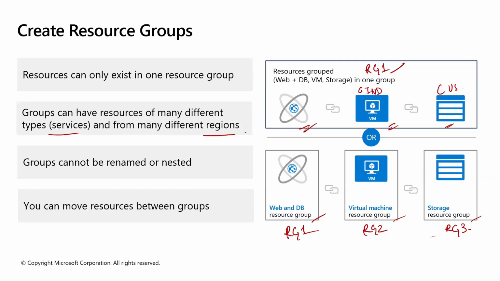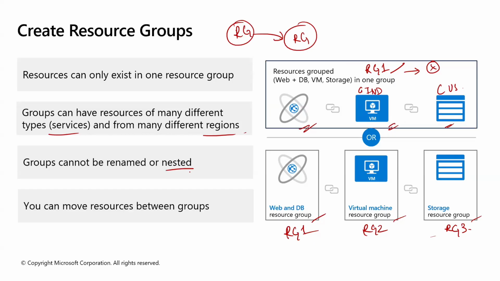One thing you have to remember is that once you have named a resource group, let's say you have named it RG1, you cannot change it afterwards. You cannot change it to RG01, RG10, anything. And always remember, you cannot have another resource group inside a resource group. Do you understand?